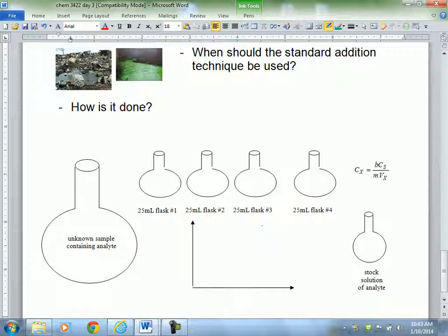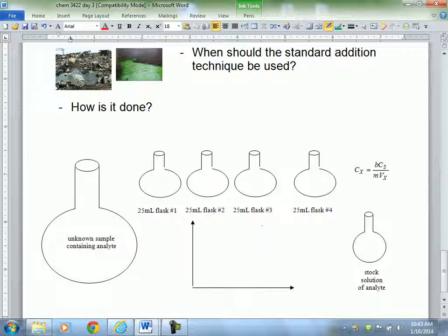Then, since it's mostly water, I'm going to dilute it up to the mark with pure water. I was pretty close to the mark at the end, so there aren't really 2 different amounts of pure water in each one, so it should be okay. The sample matrix is essentially identical in all of these.